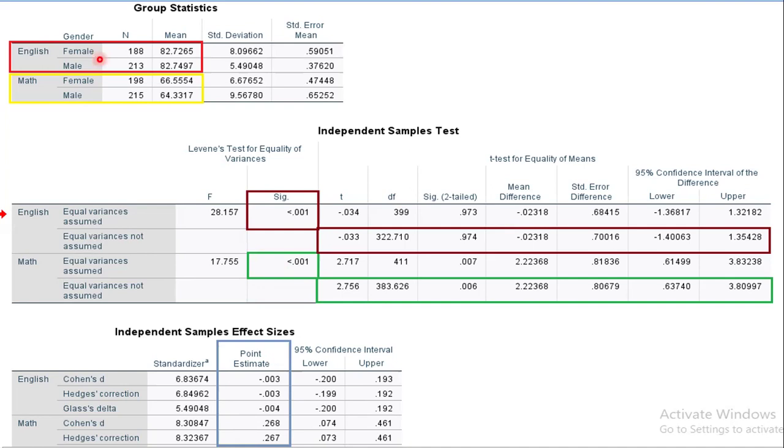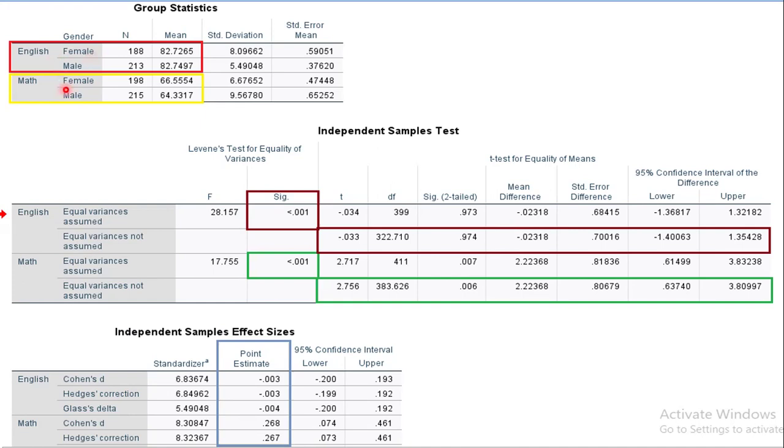The first thing, you need to see the mean values of both male and female in both subjects. Like if I need to interpret the mean value of English subject, I can say that there were 188 females having an average score of 82.7265 in English subject, and there were 213 males, they have an average score of 82.75 in the English subject.